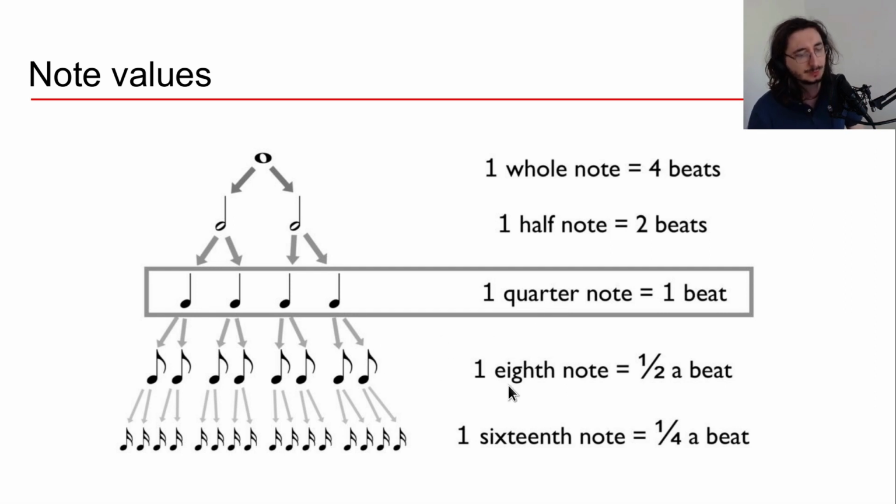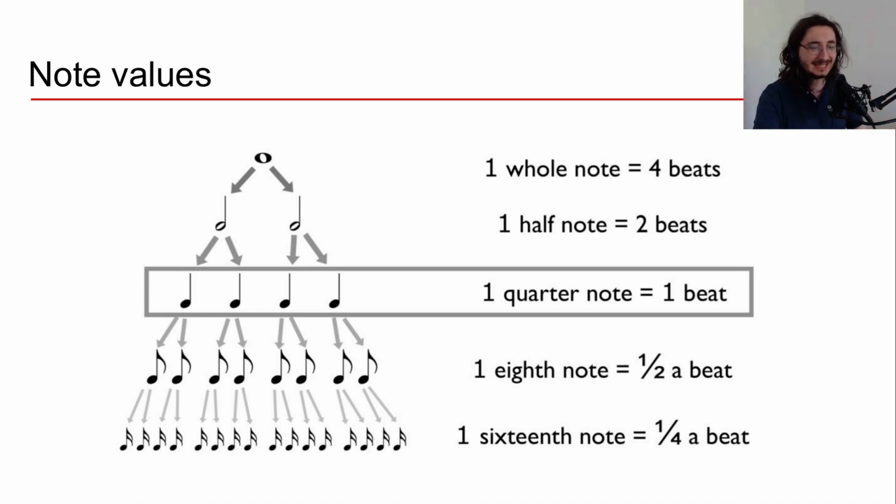Then if we go down, we have eighth notes, which are worth half a beat. And if we go down to the bottom level, we have 16th notes. And each of these notes is worth 1/4 of a beat. Now, if we want to equate the duration of a whole note in 16th notes, obviously we're going to need 16 notes, right?